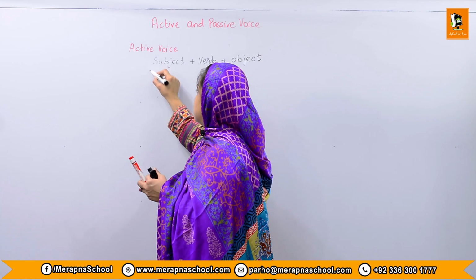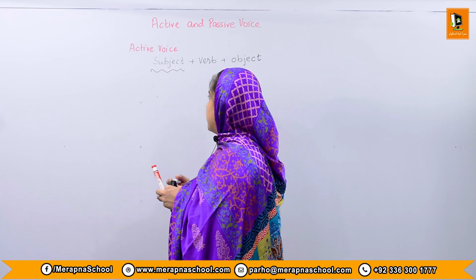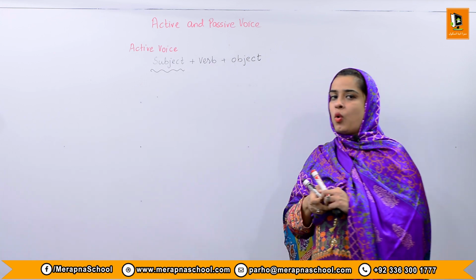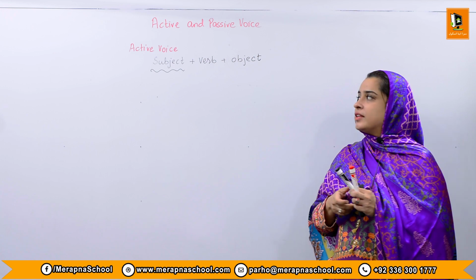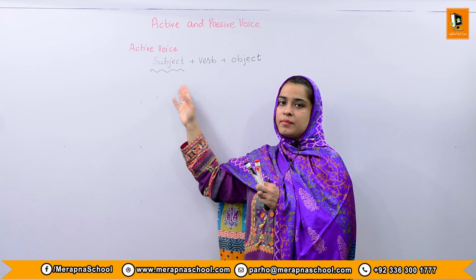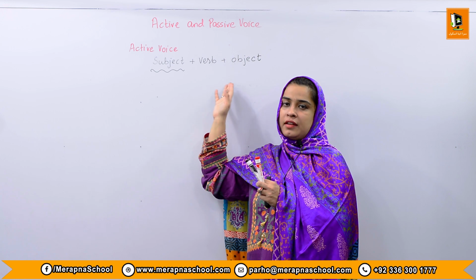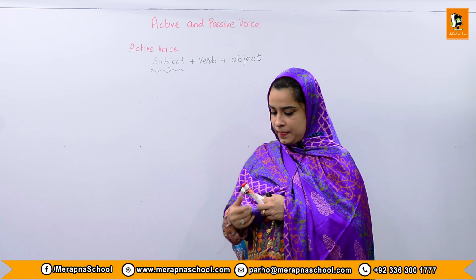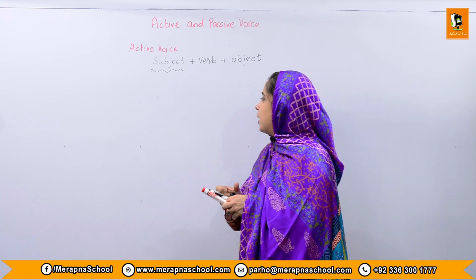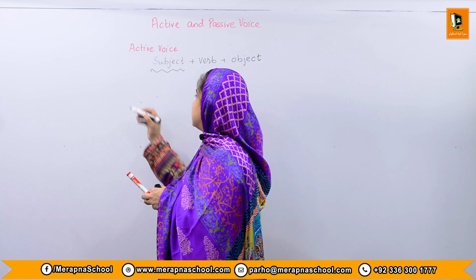We always construct the sentence in such a way that the subject comes first, then the verb, and in the end we have the object. Now let us look at an example so that you can have a better understanding.